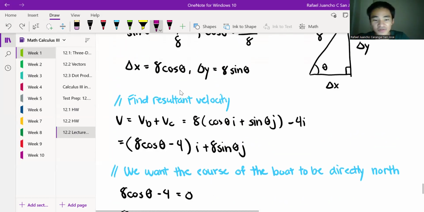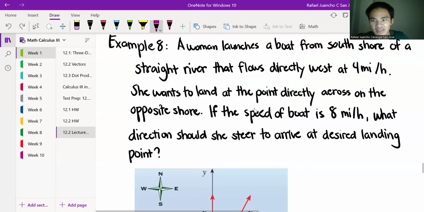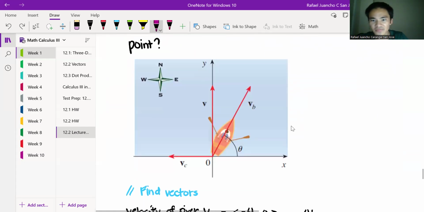And in order to do that, we need to find the vectors. We need this vector. What is that? Well, that's the vector -4, 0. Because the change in x is -4, it's going to the left. But on the y-axis, there's no change in y in this vector. And then this vector in the problem is this 8 miles per hour.